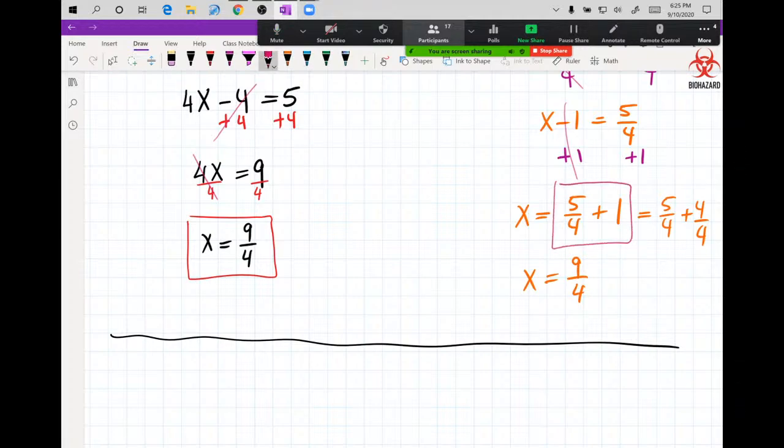You can see it here. Mm-hmm. Yep. Awesome. Yep.